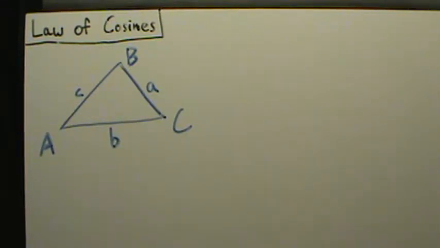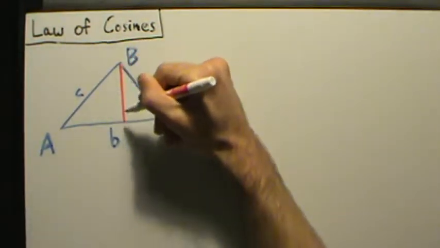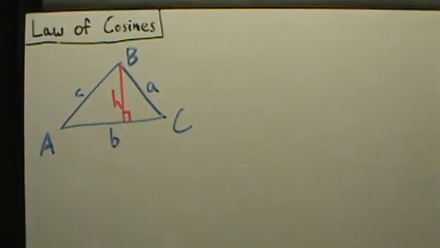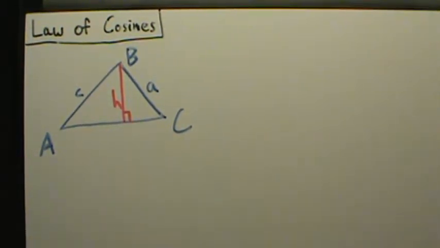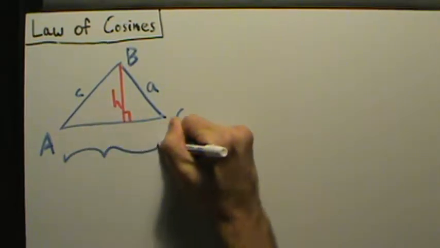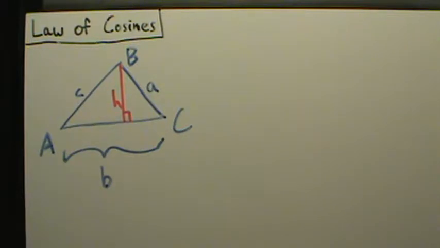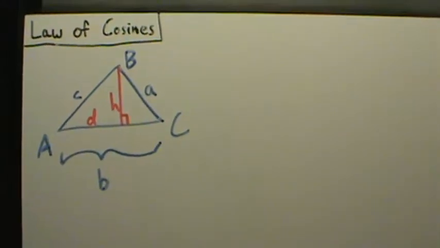So let's go ahead and drop a perpendicular from B to little b. We'll call this H. This whole side right here is b. Let's call this piece d, just for no real reason.